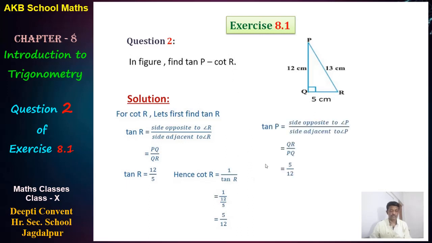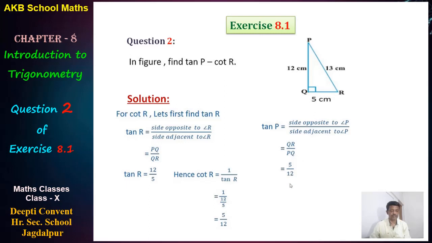And now tan P. In case of tan P, the side opposite to P is QR, that is 5, and the side adjacent is PQ, 12.